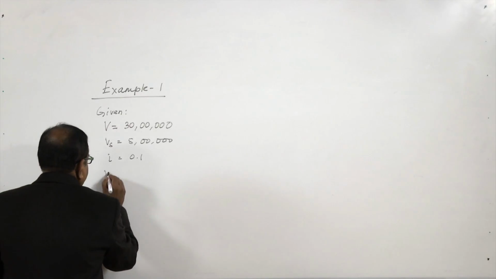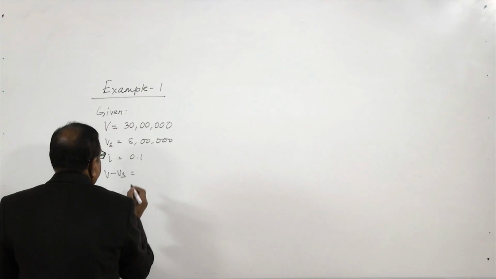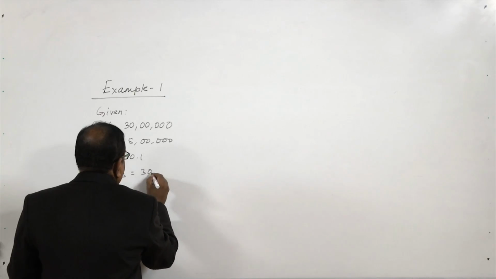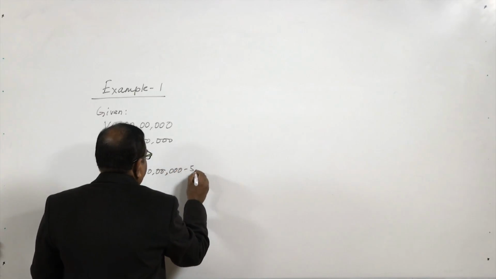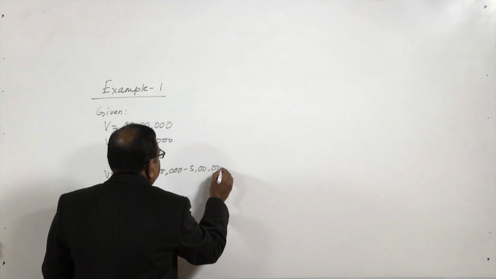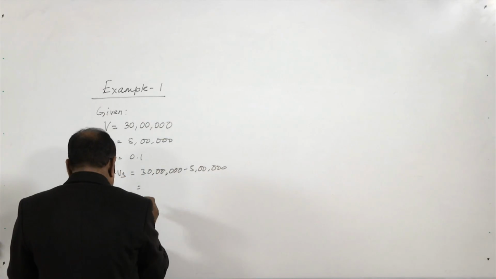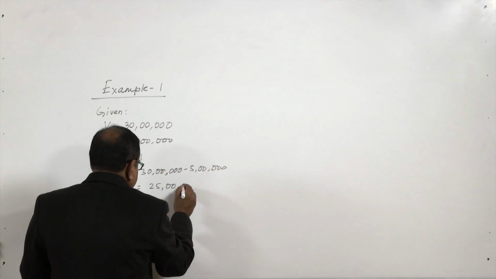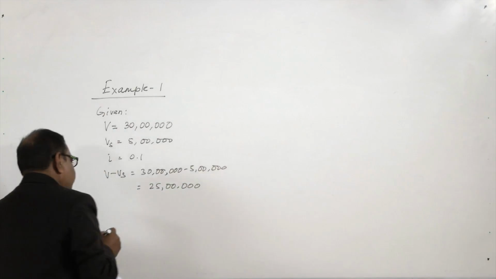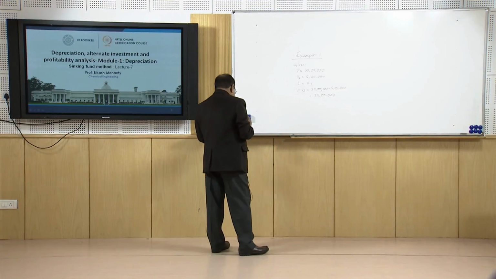So, V minus Vs is equal to 30 lakh minus 5 lakh, which is 25 lakh. So, the depreciable amount is 25 lakh.